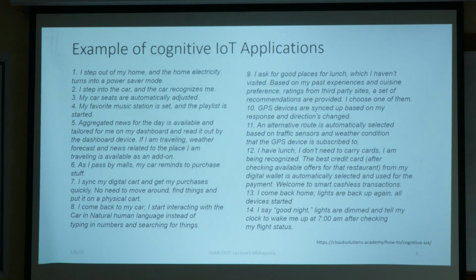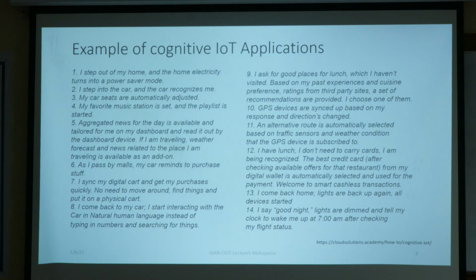We move around finding things we need to bring into the cart. When I come back to the car, I interact with it in natural human language instead of typing numbers or addresses or searching. I ask for good places for lunch which I have not visited.